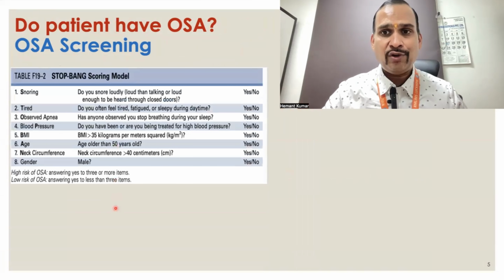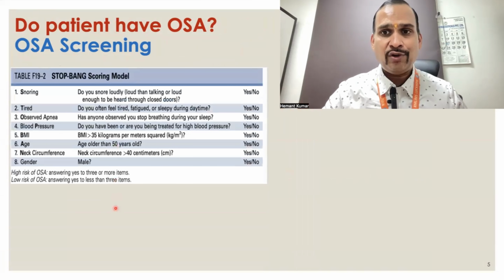Now, heart rate parameters like maximum and minimum heart rate, arrhythmias, blood pressure variability. Because whenever a patient has OSA with episodes of apnea and hypopnea, they will have cardiac problems also because of chronic hypoxemia and sympathetic surge. So we can find these parameters by sleep study. Then arousals.